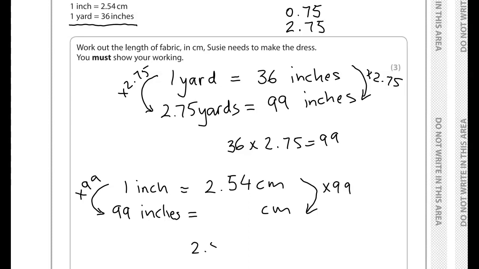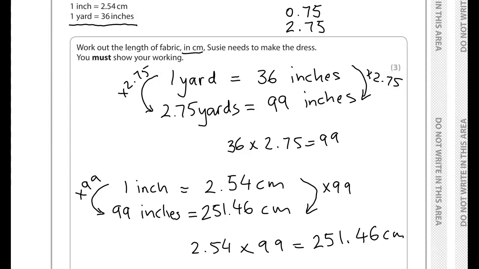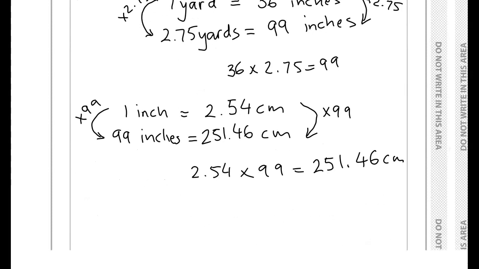So 2.54 times 99 gives us 251.46 centimeters. So we've got the answer.